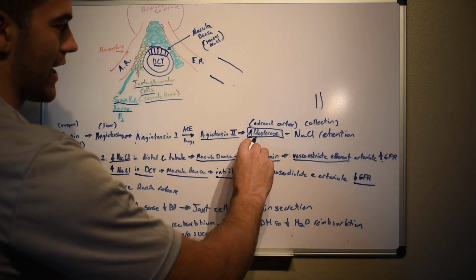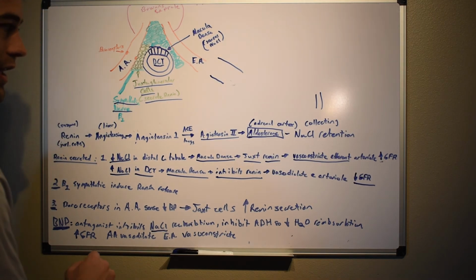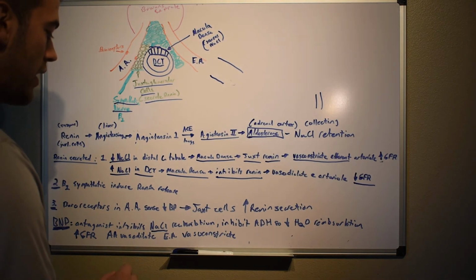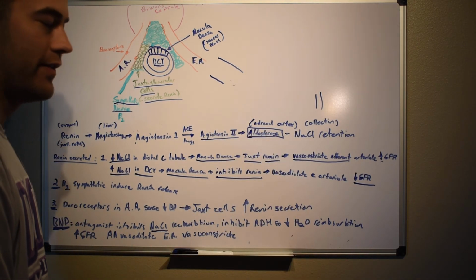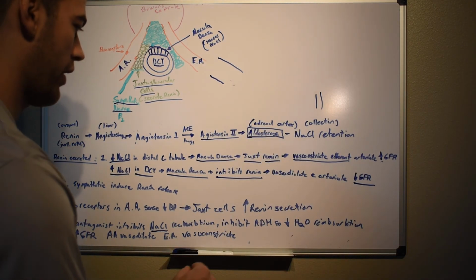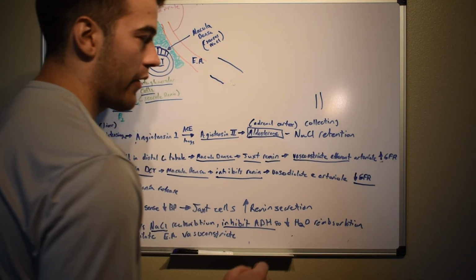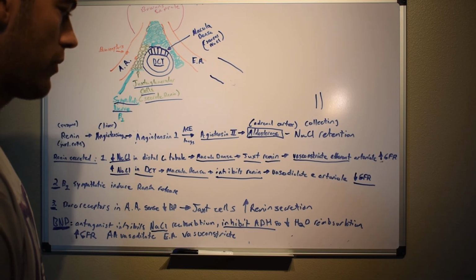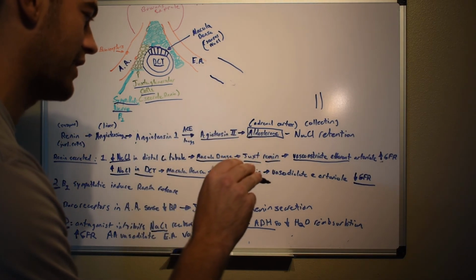So like I said, aldosterone increases our reabsorption in the collecting duct of sodium. This is going to block it. So we're going to get a large amount of dilute urine, okay? It's also going to inhibit antidiuretic hormone. So we know antidiuretic hormone is responsible for the amount of aquaporins in the distal collecting duct.